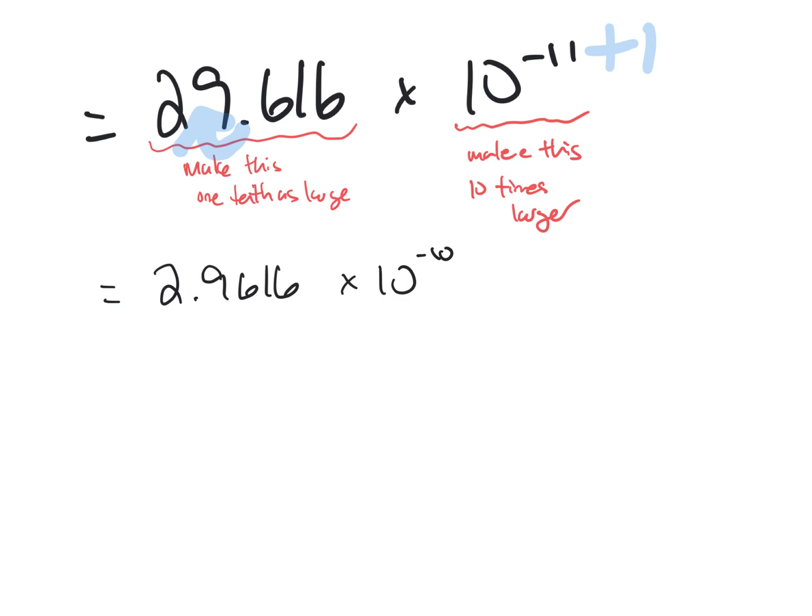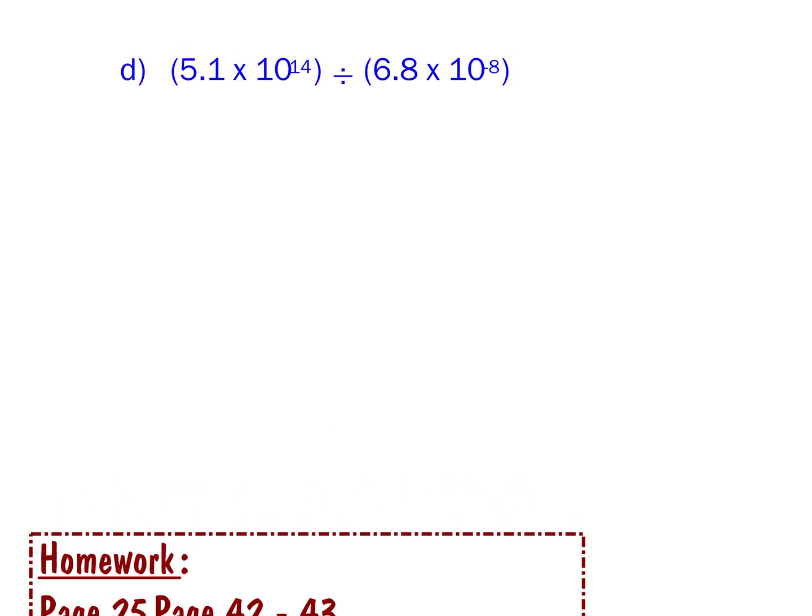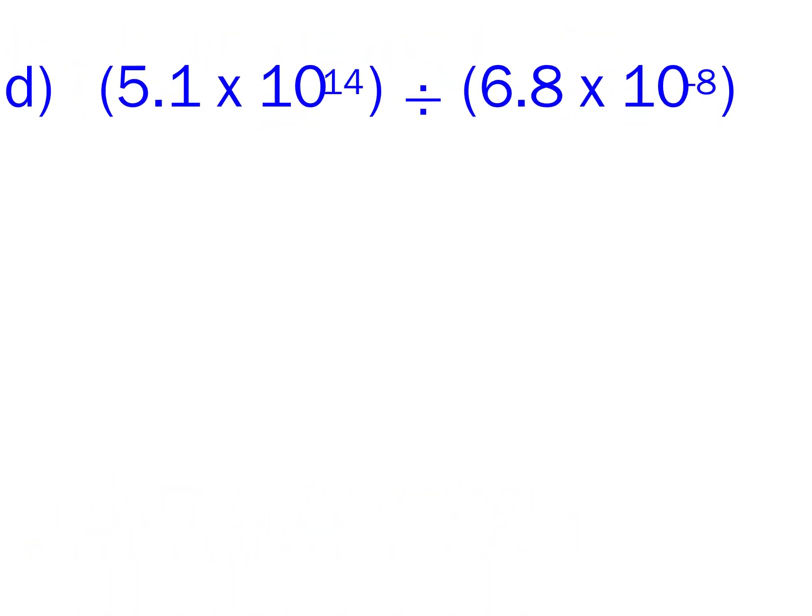One more example. This time we're going to divide. So because we're dividing, we are going to divide 5.1 by 6.8, and then we're going to divide those powers as well.